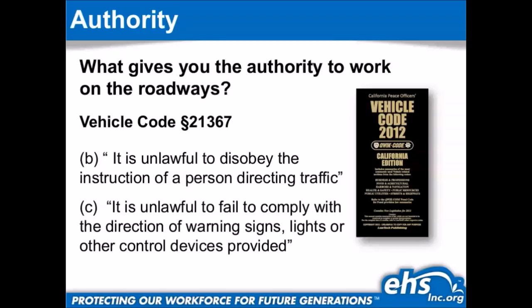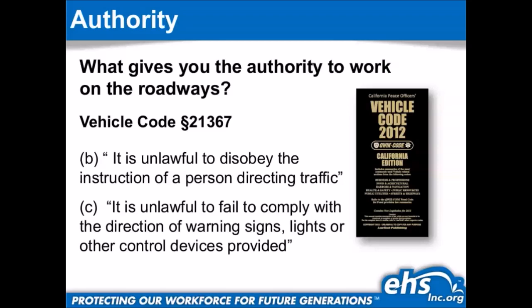21367 says it is unlawful to disobey the instruction of a person directing traffic, which, if you've ever been a flagger, you understand that a flagger is a person who's directing traffic. And if you speak to the guys actually doing the flagging, they constantly get people who will disobey their instruction and go around a stop sign, or just speed through the work zone entirely. So again, that is breaking the law, right?